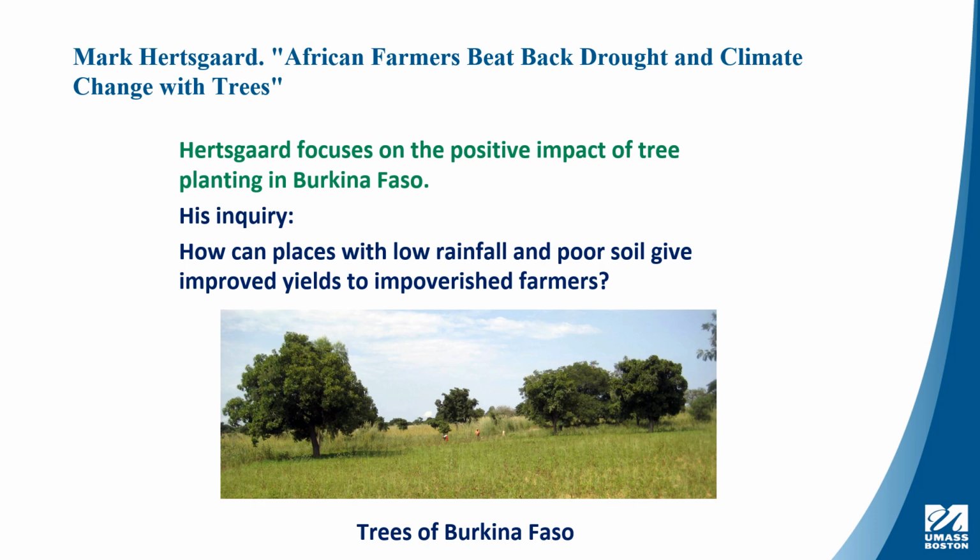So Hertzgard tells about a farmer named Sourdough who started experimenting to improve his crop yield during a period of drought. Sourdough discovered that if he allowed trees to grow among his crops, he had a better yield. Soon he was teaching his methods to other farmers, and the entire region rapidly began to be covered with trees.